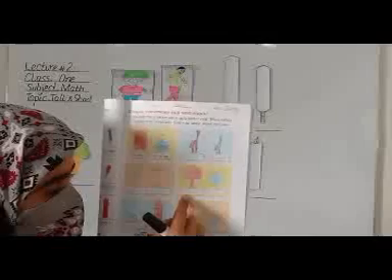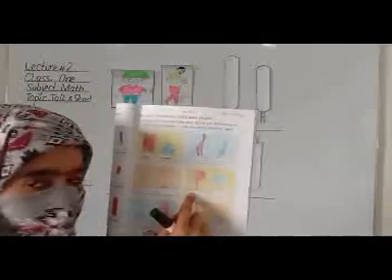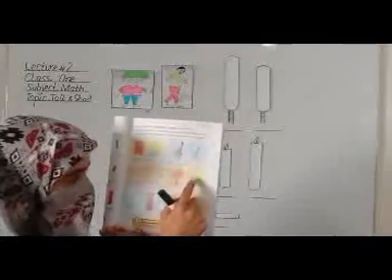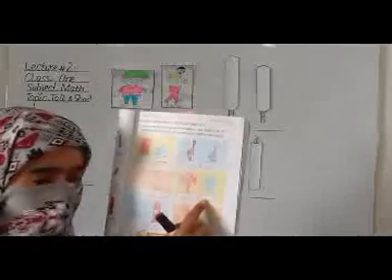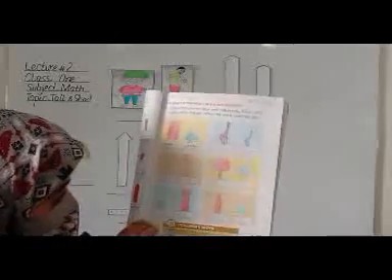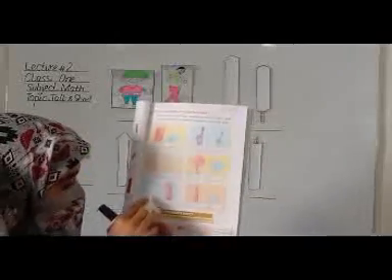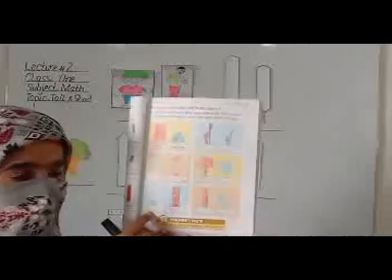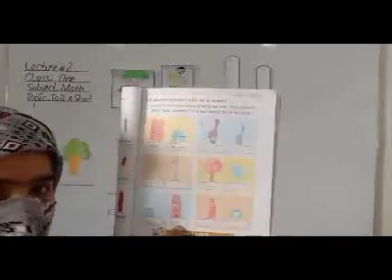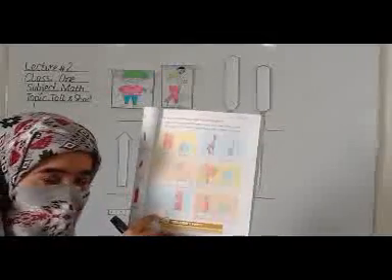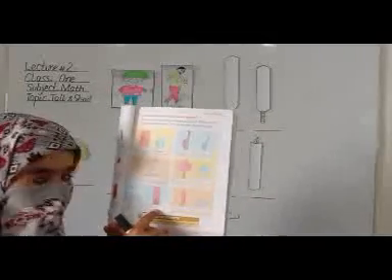We have colored the taller in red and the shorter in blue. Okay, we have the two clocks. This one is shorter and this one is taller. Okay, we color the shorter blue and the taller red.